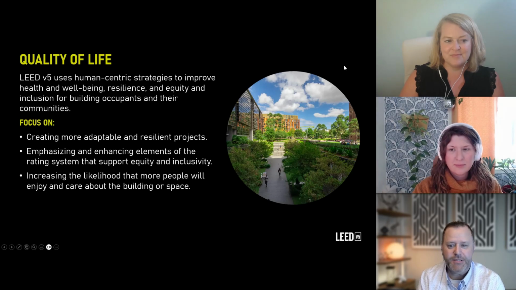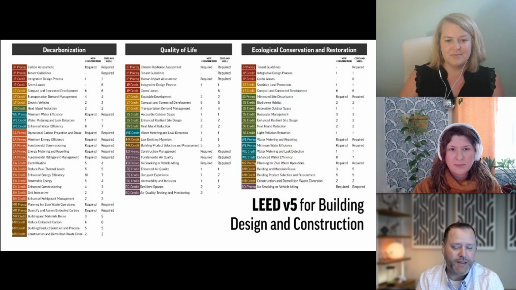So just a snapshot of the LEED scorecard, but this time, if you've seen scorecards before, they sort of are broken out by credit categories. And the one we're talking about today, of course, is materials and resources the most, MR. But throughout the rating system, we've kind of done this color-coded version of the scorecard that shows where the points fall within these three major topical areas of decarbonization, quality of life, and ecology.